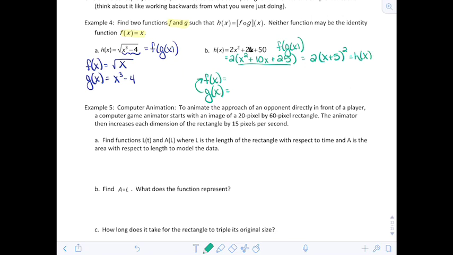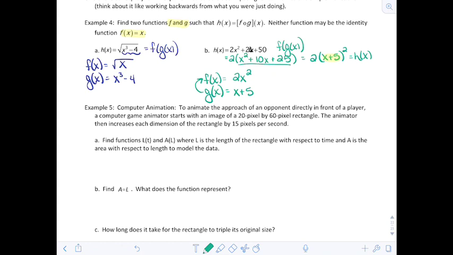And again, there's not just one right answer. This one, to me, what I see is an x plus 5 was maybe plugged into a 2x squared. So I am going to set g of x equal to x plus 5, and my f of x I'm going to say was 2x squared.